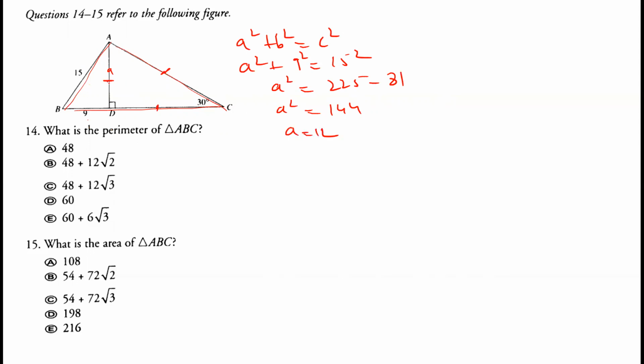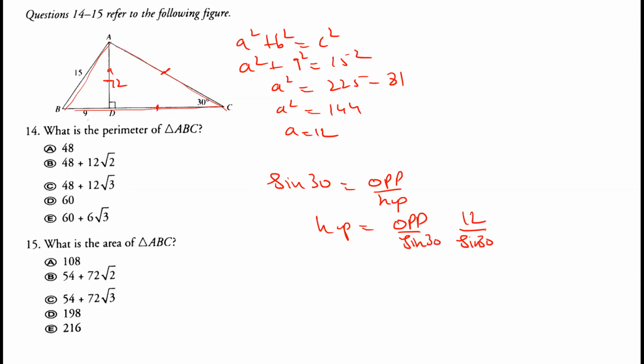So now I know that this side is 12. Now I need to find out the hypotenuse. So sine 30 equals opposite upon hypotenuse. So hypotenuse will be equal to opposite upon sine 30. So opposite is 12 divided by sine 30, which is 0.5. So 12 divided by 0.5 is 24.